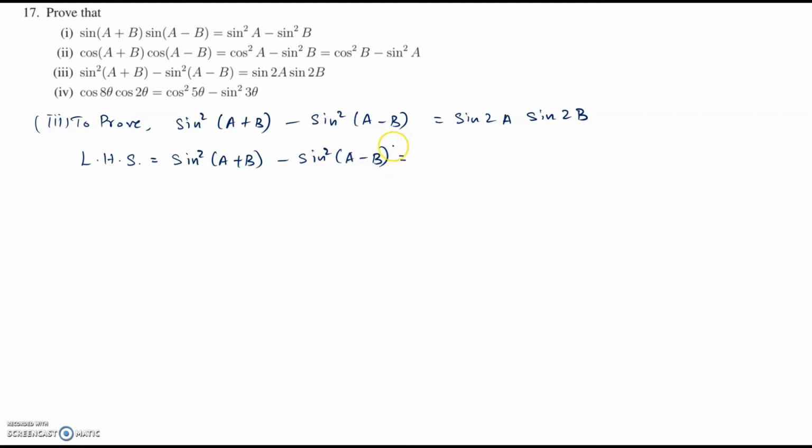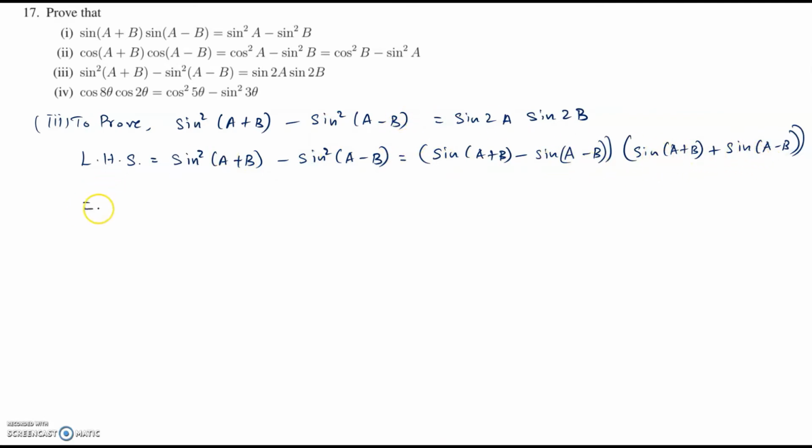Now this is in the form sin(A+B) minus sin(A-B) multiplied by sin(A+B) plus sin(A-B), which is a squared minus b squared is equal to (a-b) into (a+b).